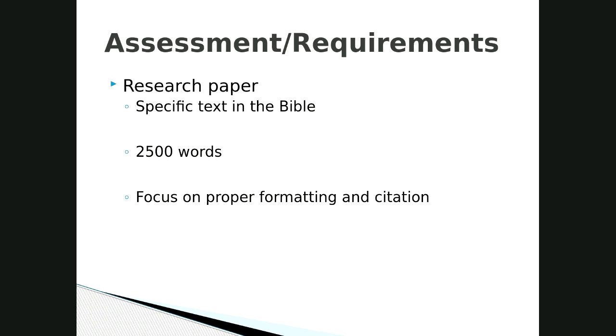The reason John chapter 7 through 8:11 is out is that is the passage I will be using as an example throughout the semester. And so we'll be going through different aspects of the research paper using that specific passage.